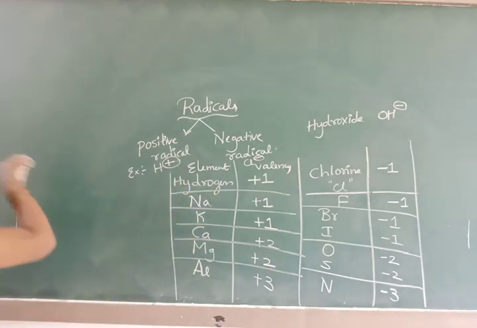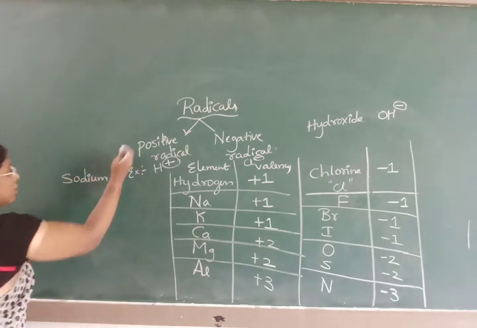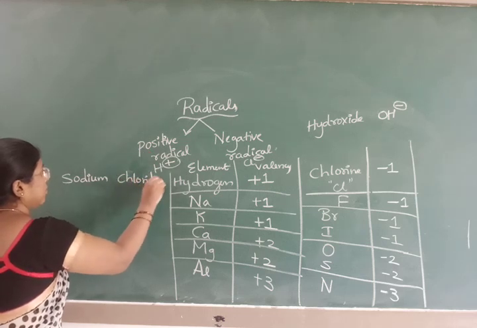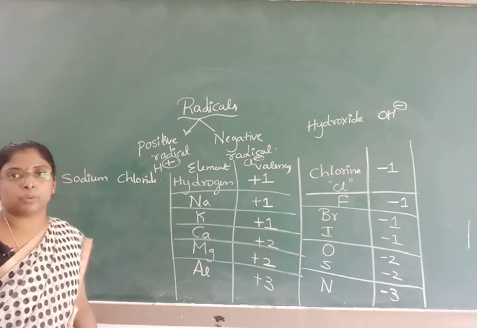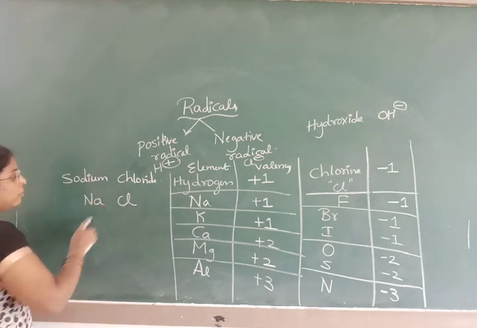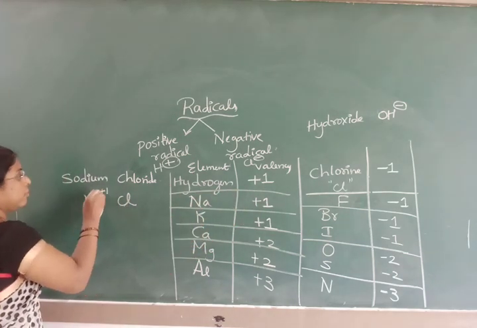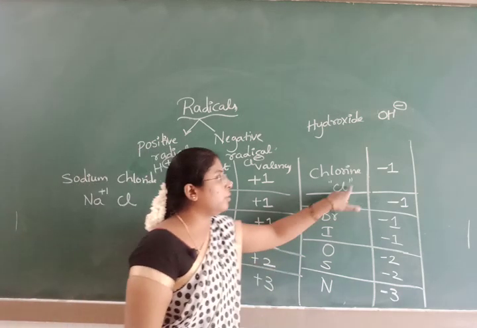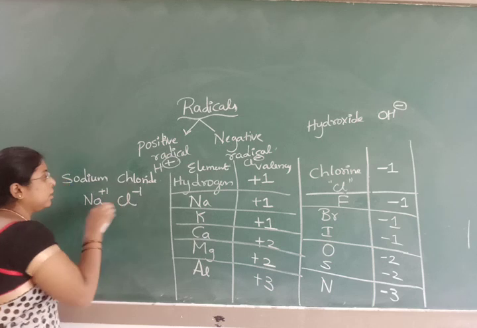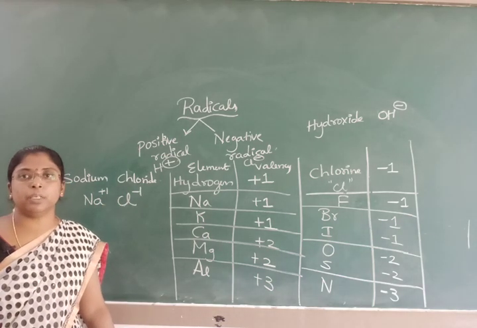If I write sodium chloride, what does it contain? One is sodium, Na, and the other is chloride, Cl. What is the valency of Na? Na is +1. What is the valency of chlorine? Chlorine is -1. Whenever we write any compound, remember that the two should be different: one should be positive and the other negative.